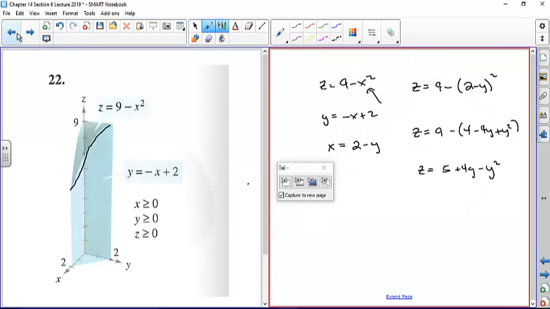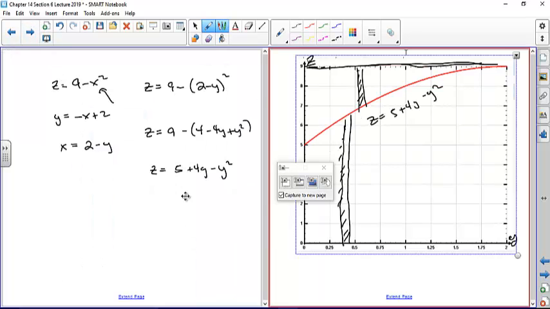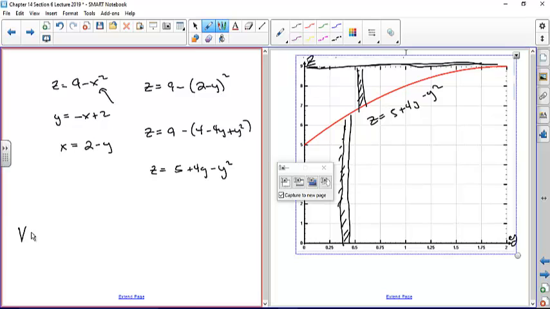And what you would do is we would integrate with respect to y last, and then z, and then x. So let's see if we can figure that one out. So the volume would be the integral from, so we're going to do y last, so you get y equals 0 to 2. You'd go from z equals 0 to z equals 5 plus 4y minus y squared, and the final integral would be in terms of x.